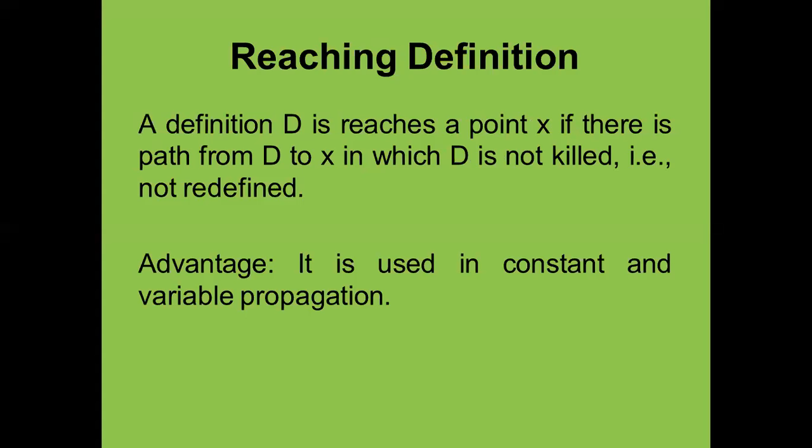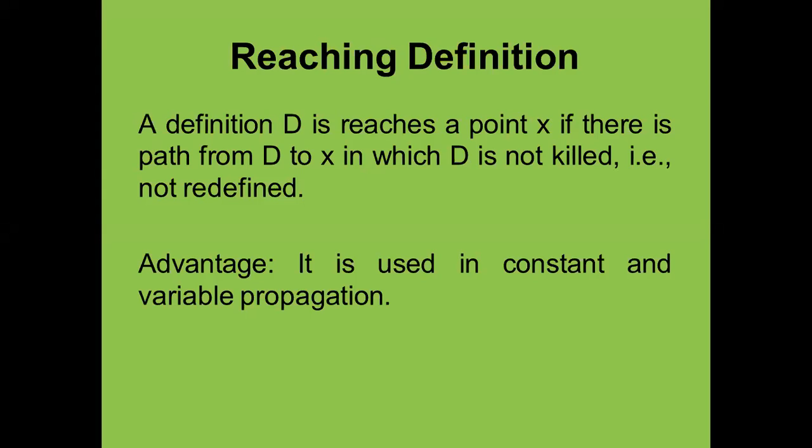Now come to another definition, that is called the reaching definition. So available expression, reaching definition, these are all involved in data flow analysis. So these types of terminology we will use during the data flow analysis. Now, what is the reaching definition?